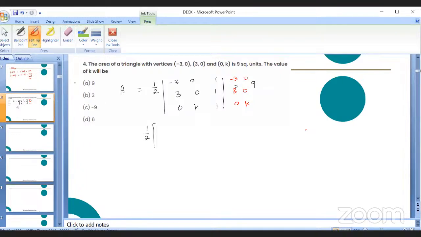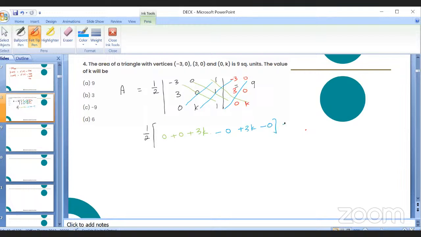Next, what will you do? Multiply this way, this way, this way. So you'll get 0 plus 0 plus 3. Next, you have to multiply this way, this way, this way. So minus 0 minus of -3 plus 3K minus 0.